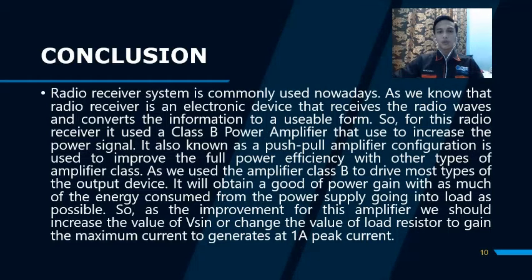It is also known as a push-pull amplifier configuration, used to improve the full power efficiency compared with other types of amplifier class. As we use the class B amplifier to drive most types of output device, it will obtain a good power gain, with as much of the energy consumed from the power supply going into the load as possible.